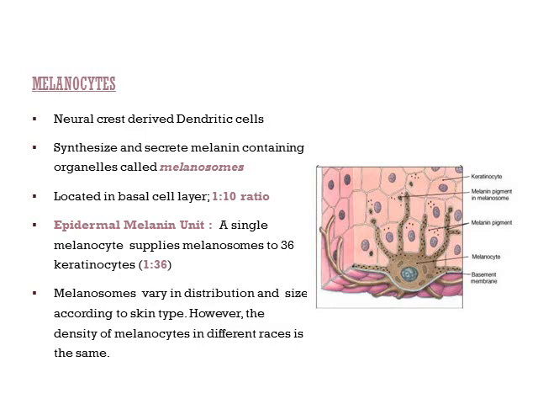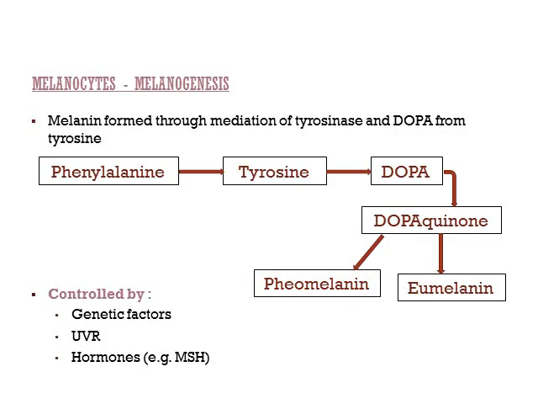There are certain other cells in the skin which you should know, such as melanocytes. Melanocytes are those cells which give color to the skin, and they are present along the basal layer. They form melanin through different biochemical reactions, where phenylalanine is converted to tyrosine and then to dopa, and dopaquinone giving rise to pheomelanin and eumelanin.